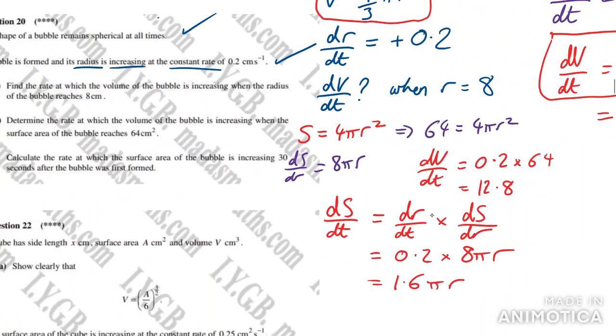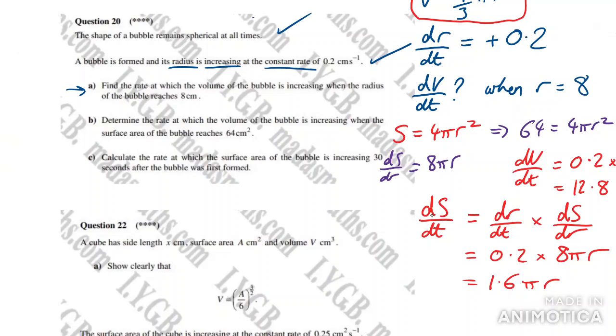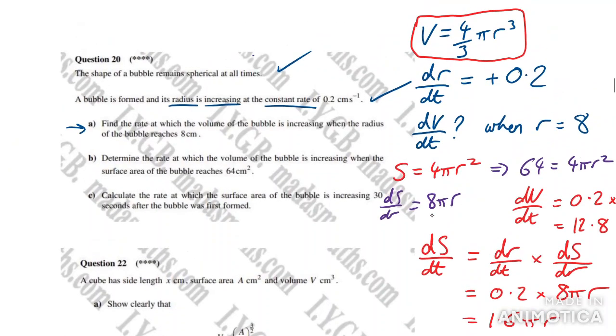And so now what's left is to know, well, what is r at 30 seconds? Well, we know that r is increasing at 0.2 centimeters per second.